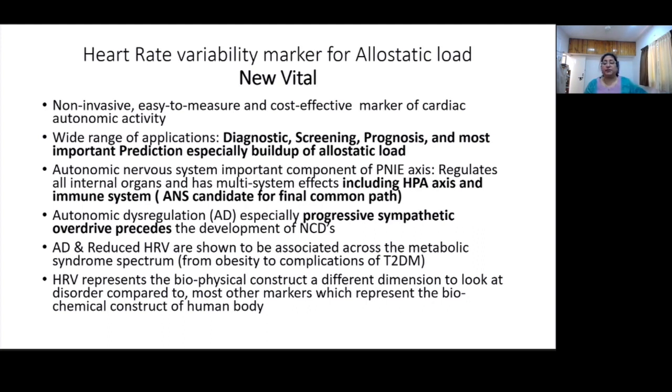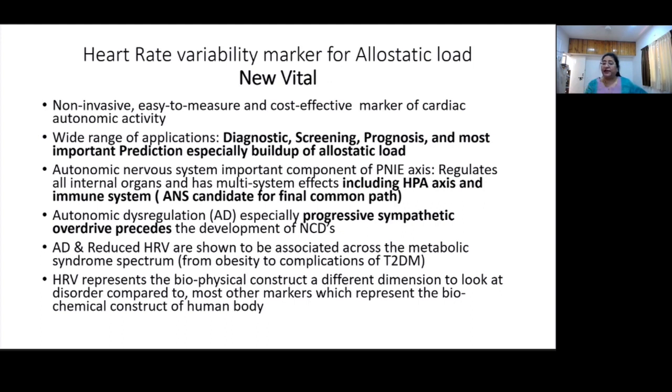Why is this marker important? Because it measures the cardiac autonomic activity, and all of you know that the autonomic nervous system is an important component of PNI. It regulates all internal organs and has a multi-system effect, including on the HPA axis and immune system. The autonomic nervous system, by its afferents and efferents, has a direct effect on regulation of the HPA axis as well as the immune system.